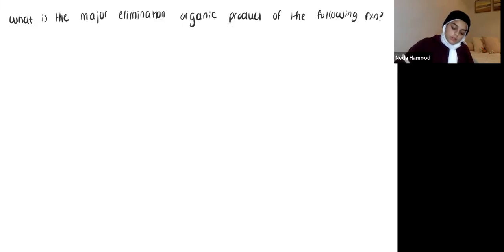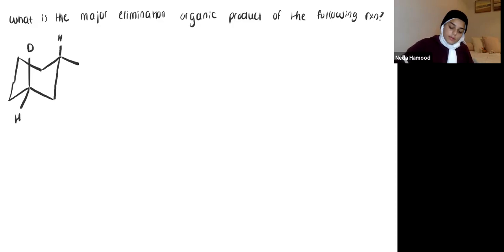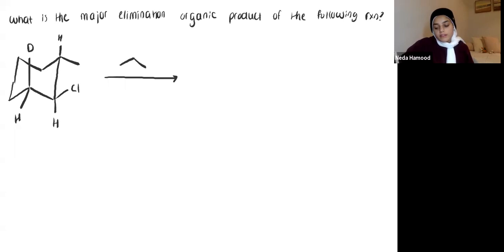So let's say we have our nice, beautiful chair conformation like this. And let's say that we have, I think it's deuterium, I believe, which has a higher molecular weight than hydrogen. I think it has an extra neutron. And let's say that we have this.